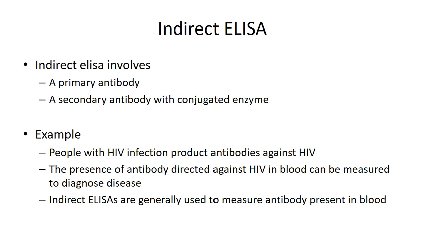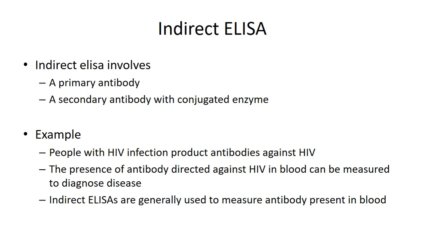Okay, now an indirect ELISA. So an indirect ELISA involves a primary antibody or a detection antibody, but it also involves a secondary antibody, usually that has a conjugated enzyme attached. And in terms of when an indirect ELISA would be used, a good example would be HIV infection.